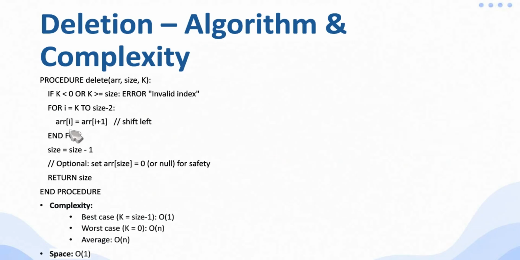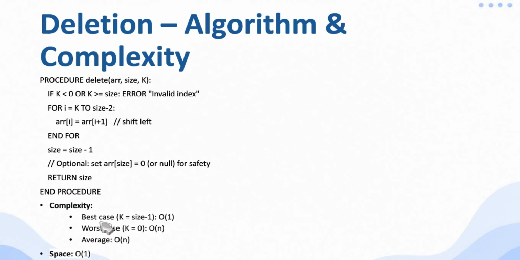Here it's the same. Then finally the array size is decremented by 1, right? Because we have deleted an element. For safety, at the end position you can set it to 0 and return the size, right?